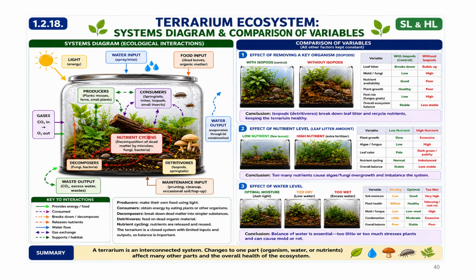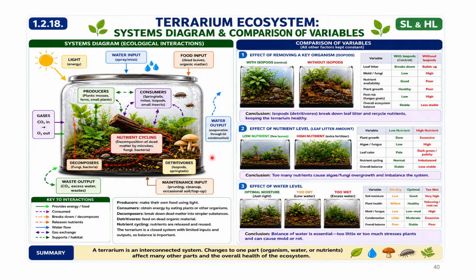Decomposers such as fungi and bacteria break down dead material, releasing nutrients that are recycled to support new plant growth. Water continuously evaporates, condenses on the container, and returns to the soil, while carbon dioxide and oxygen cycle between organisms.